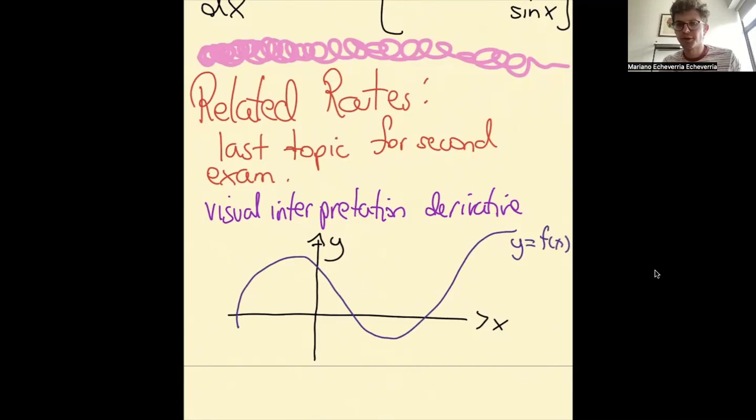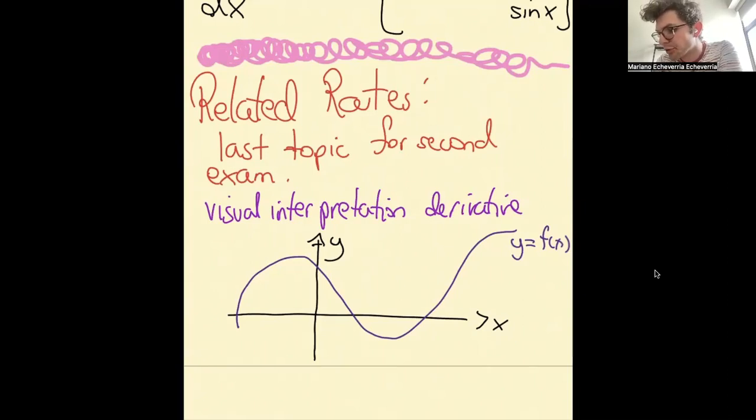Let's say that the graph of your function is like this. Now, we want to think of this graph as some sort of hill or mountain. Think of this as some terrain that you're walking along.